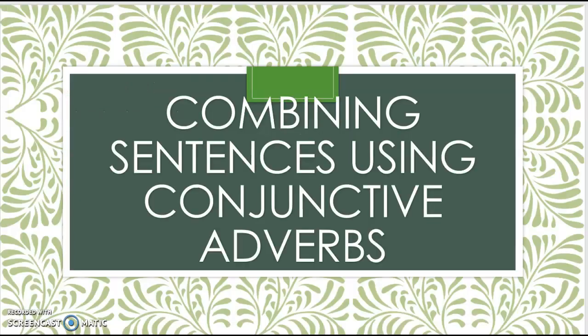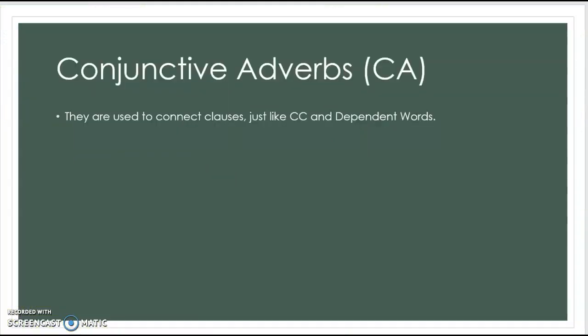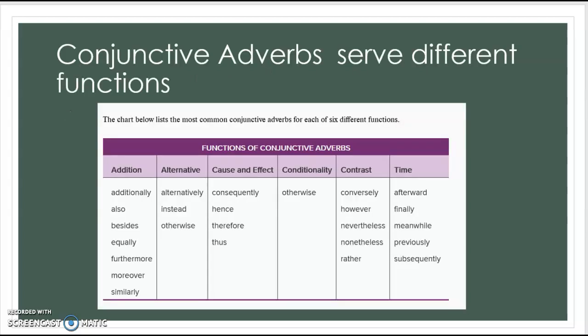A third method of sentence combining is to use a conjunctive adverb. Okay? Conjunctive adverbs are used to connect clauses just like coordinating conjunctions, fanboys, and dependent words. Here's a list of conjunctive adverbs and some of the functions that they serve, just like our dependent words.